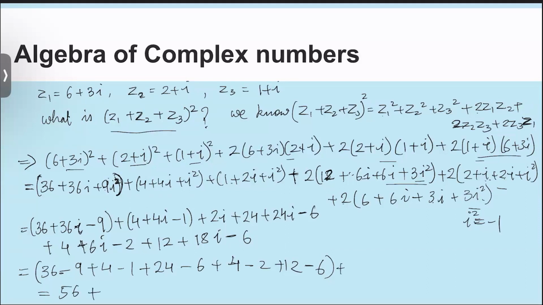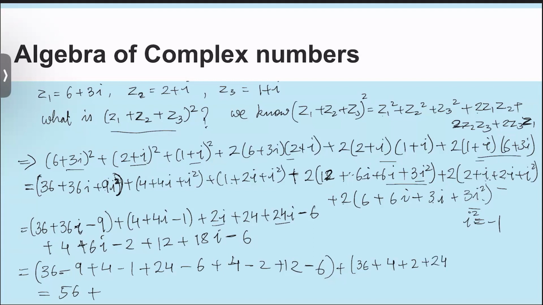Now for the imaginary parts, you have 36i. Okay, then you have plus 4i, and then you have plus 2i, or if you actually just write the i outside, it becomes easier. So 36 plus 4, and then you have plus 2, and then you have plus 24i.